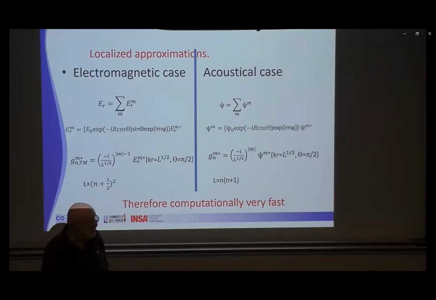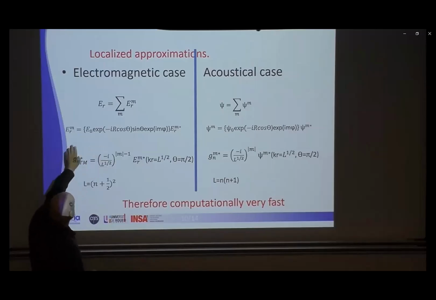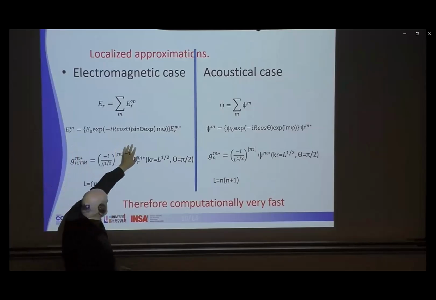the beam shape coefficient. On the left, you have the electromagnetic case where you just decompose the electric field, radial component, in terms of azimuthal modes, and each azimuthal mode has this expression.